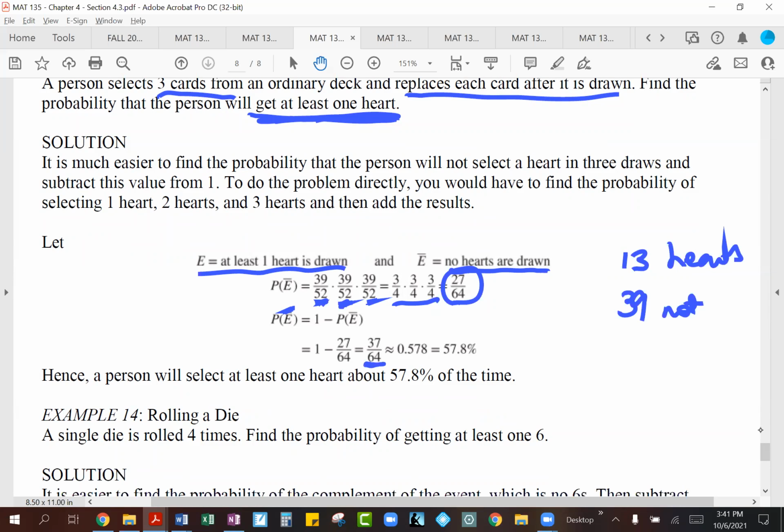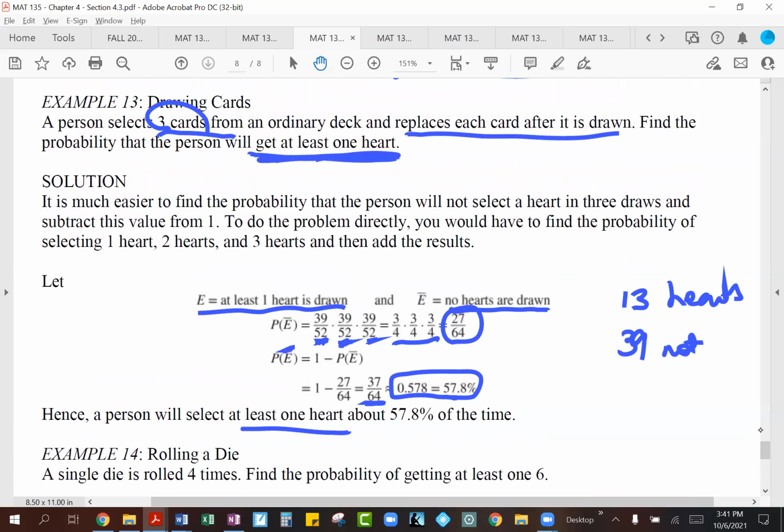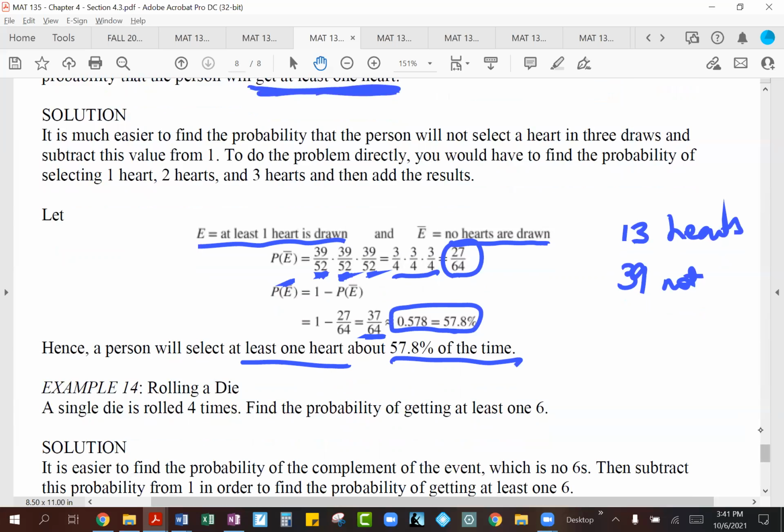And you can see that comes out to be 37 out of 64, or 0.578, or 57.8%. So the chances of getting at least one heart when we draw 3 cards from a deck is going to be approximately 57.8%, which is still a relatively decent probability that out of the 3 cards you draw, one of them could be a heart.